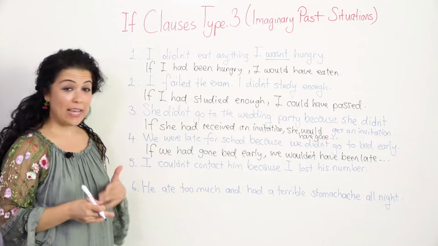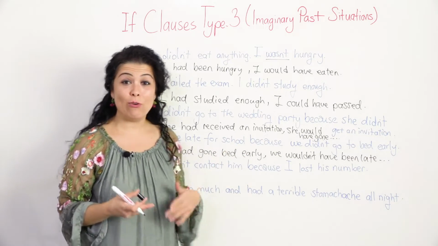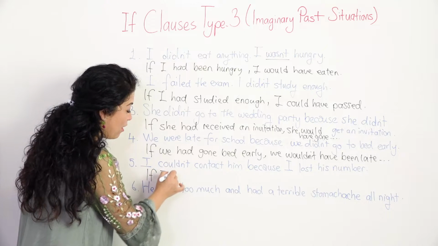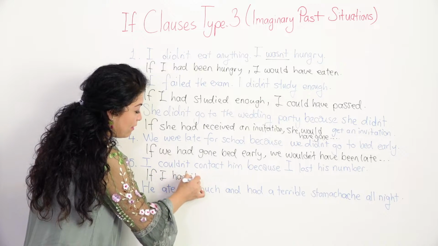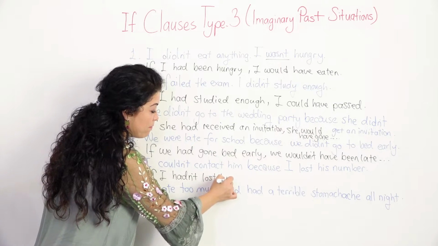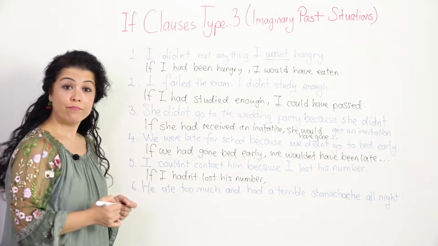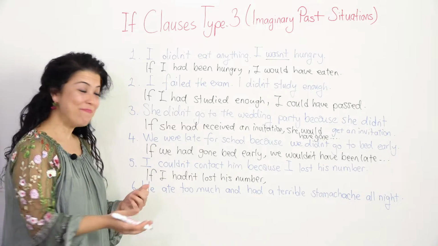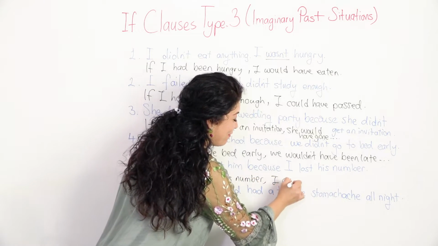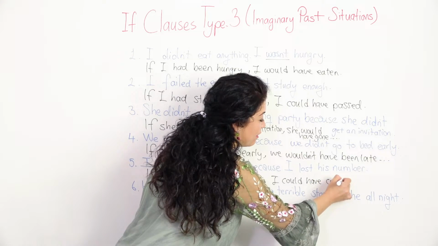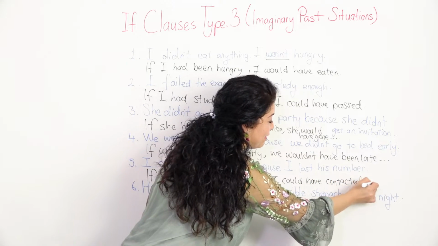Number 5. I couldn't contact him because I lost his number. If I hadn't lost his number, I could have contacted him. I could have contacted him.